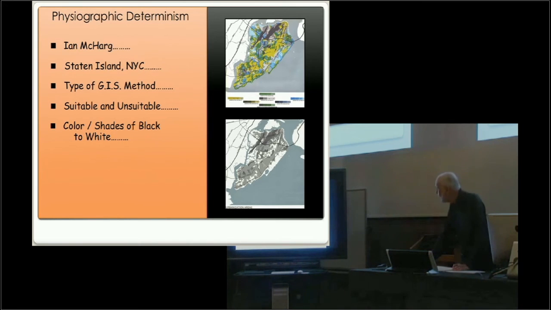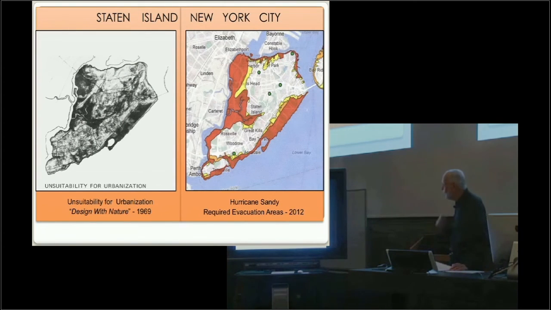Curiously, this particular study, which was conducted in the late 1960s, had a strange familiarity to it when the required evacuation plan was developed by the City of New York for Staten Island, which is almost comparable.